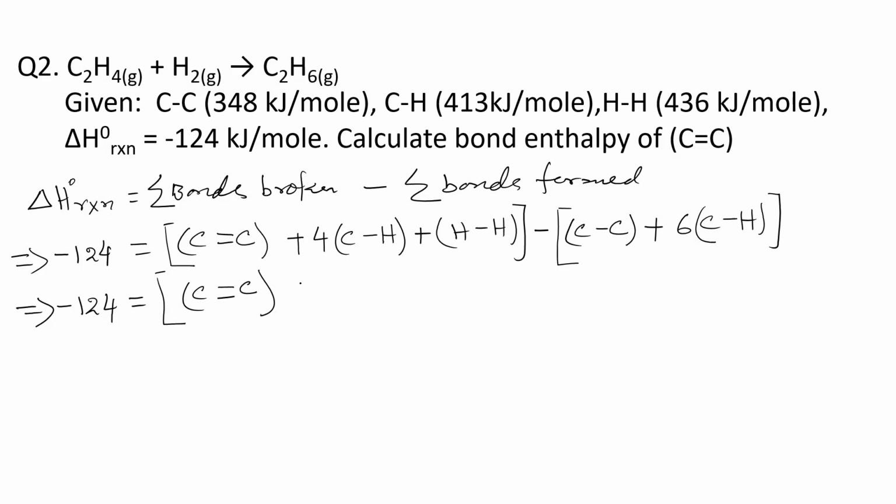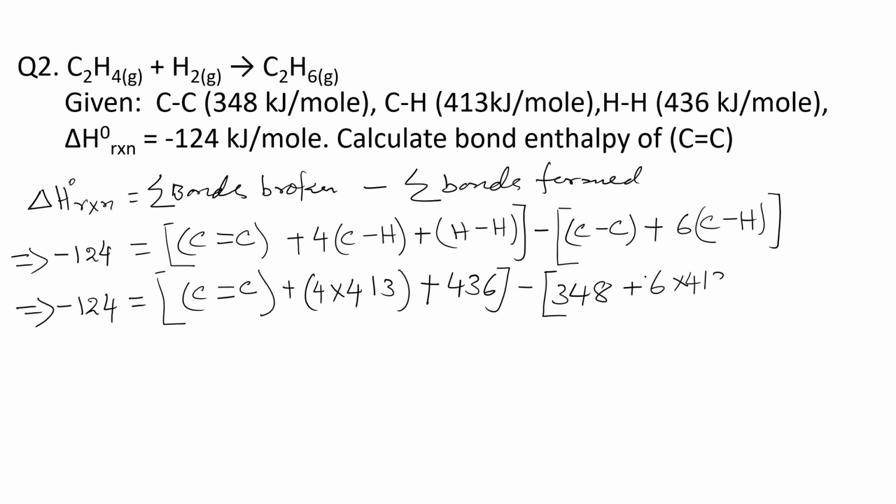So now 4 into the carbon-hydrogen bond enthalpy 413, plus the hydrogen bond enthalpy value 436, minus the carbon value 348 kilojoules per mole, plus 6 into, once again, the carbon-hydrogen bond, that means 413.